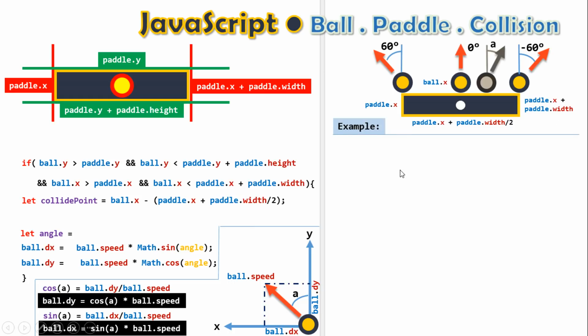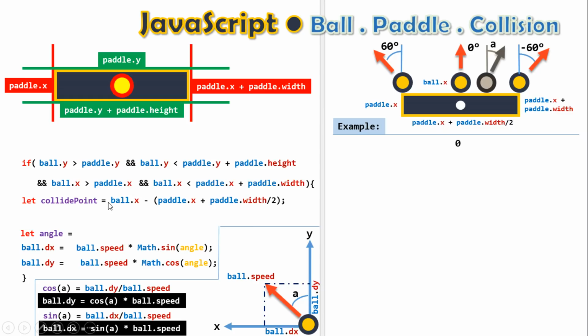Let's see an example and calculate the collide_point each time. So if our ball hit the center of the paddle, the difference here is 0. But if the ball hit our paddle on the left side, the ball.x equals the paddle.x.